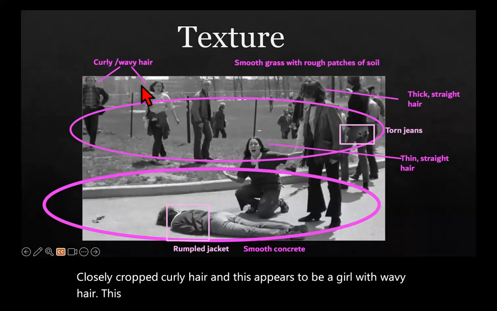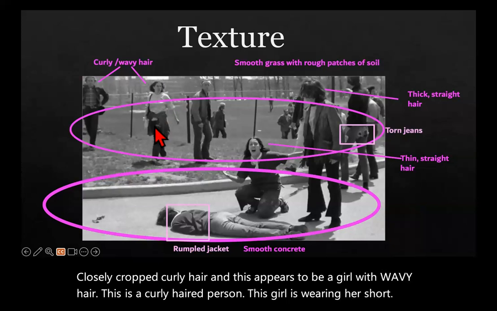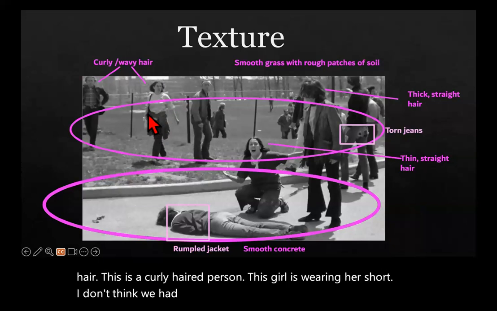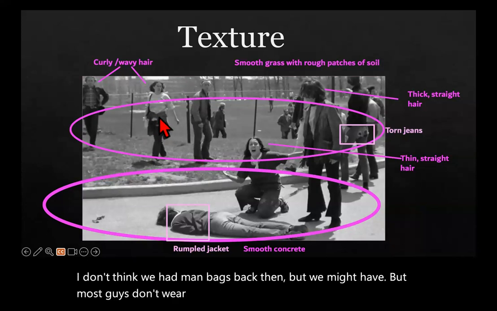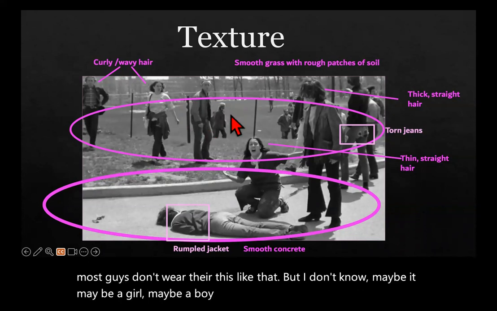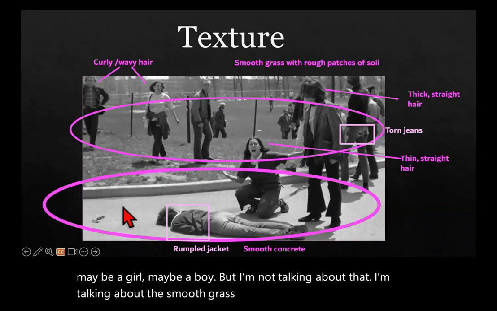This is a curly haired person. This girl is wearing hers short. I don't think we had man bags back then, but we might have. But most guys don't wear it like that. Maybe a girl, maybe a boy. But I'm not talking about that. I'm talking about the smooth grass and the smoothness there.